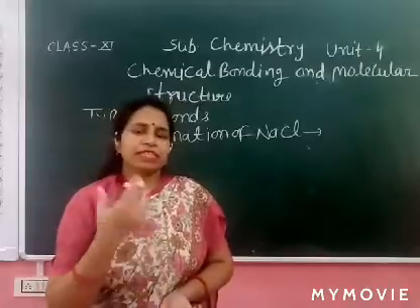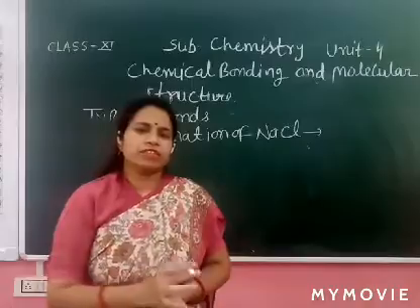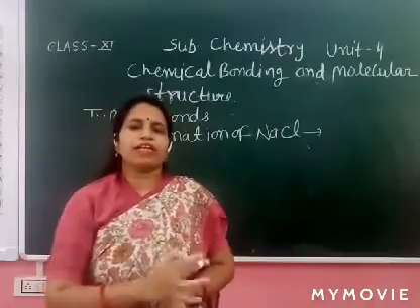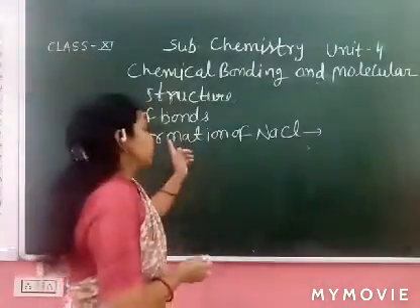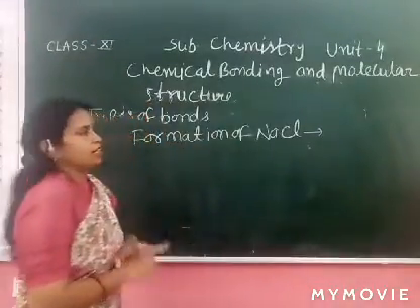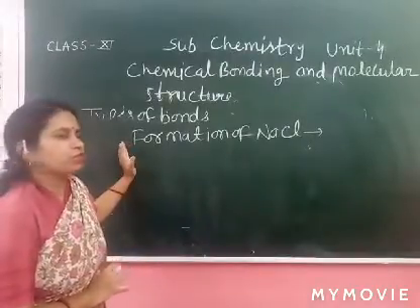Clear? Metals are the best donors and good conductors of electricity, and non-metals like halogens are good acceptors. So, the formation of NaCl. How is the NaCl ionic compound formed?